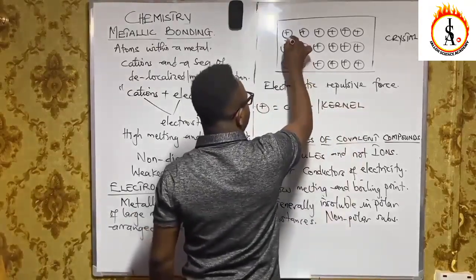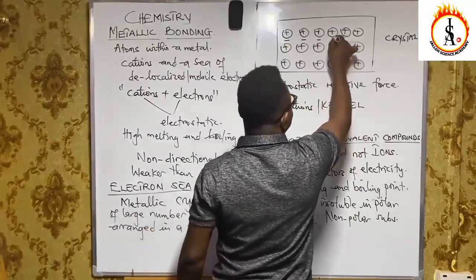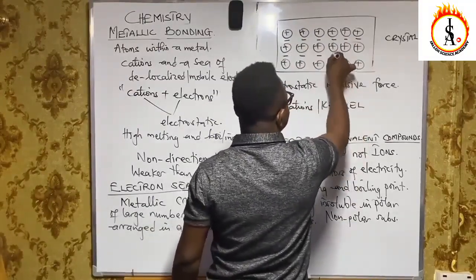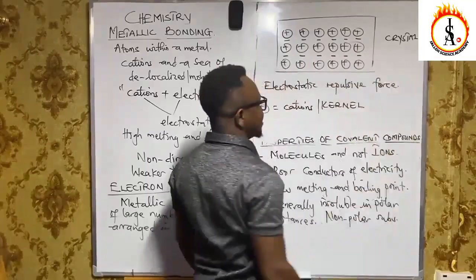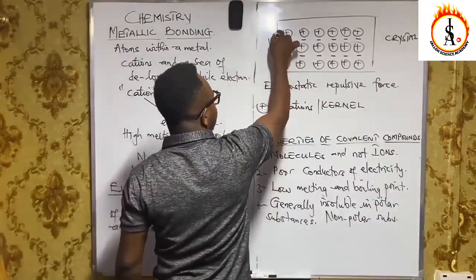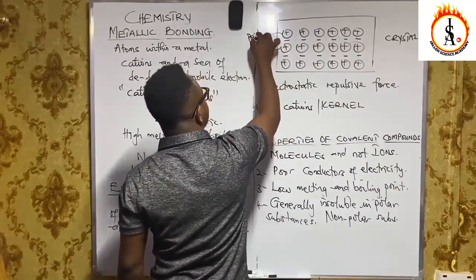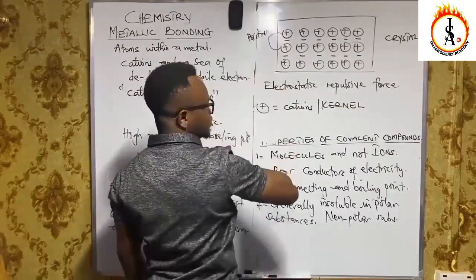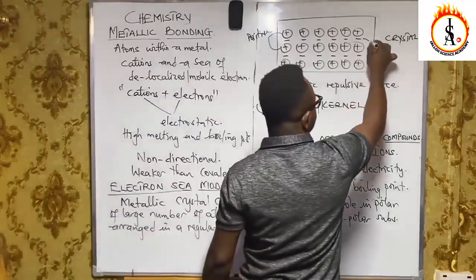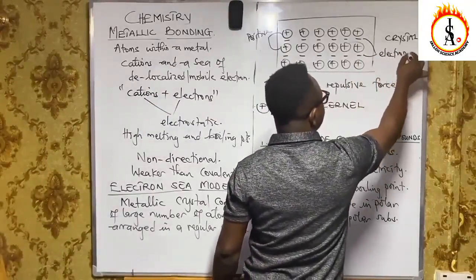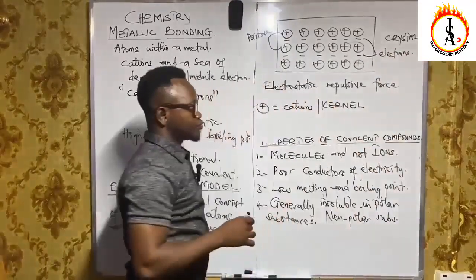And then around this, you have negative charges. So these here are the positive kernels, okay? And then these ones you have are the sea of electrons.